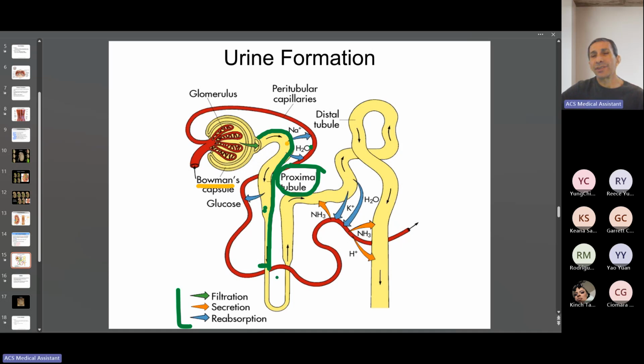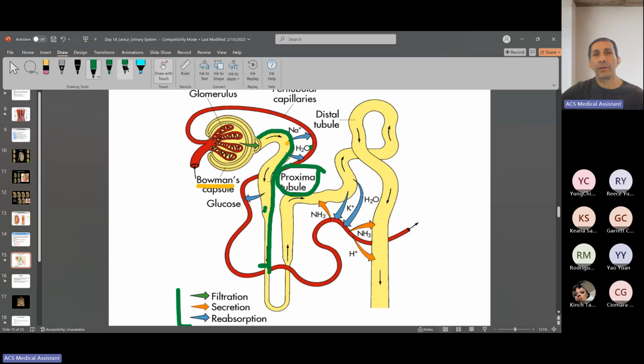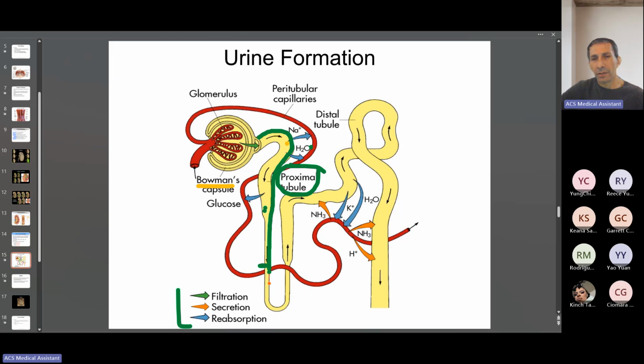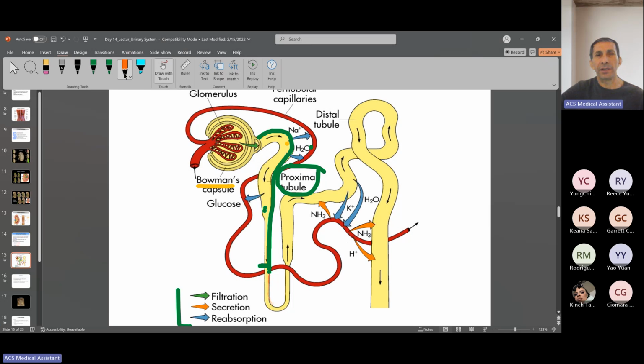Now, after this tubule is going to be this one right here. I'm going to color it different. Let's put this orange. Oh, it's not marking anything. That's not good. Really bad.